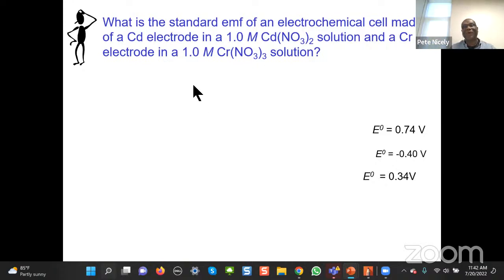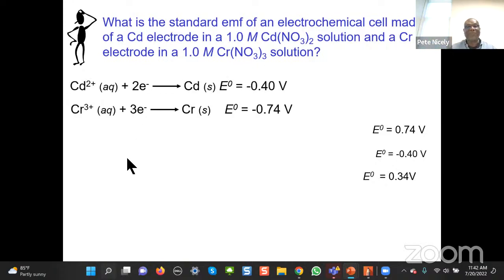Okay, so the way we'd go about this is that we would go to the table and look up the reduction potentials for each of these half reactions, right? So for the cadmium 2 plus being converted to the cadmium, you go to the table and you see that the standard reduction potential for that is minus 0.40 volts. And then you look up the same value for converting the chromium 3 plus to chromium.